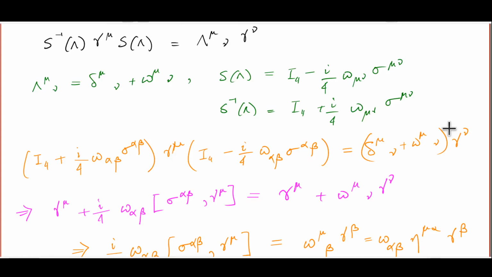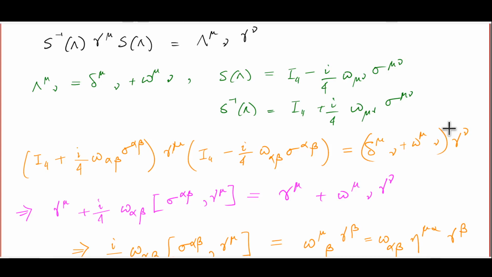So just to quickly repeat, what we are doing is we are using S inverse lambda gamma mu S lambda equals lambda mu nu gamma nu, in which we are using an infinitesimal Lorentz transformation where lambda mu nu is given by delta mu nu plus omega mu nu, and we are using the corresponding expressions for S of lambda and S inverse lambda, which have been written here only up to first order.